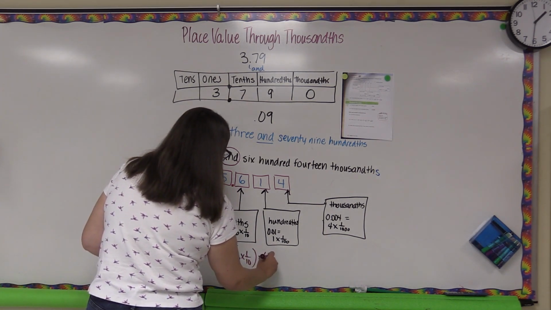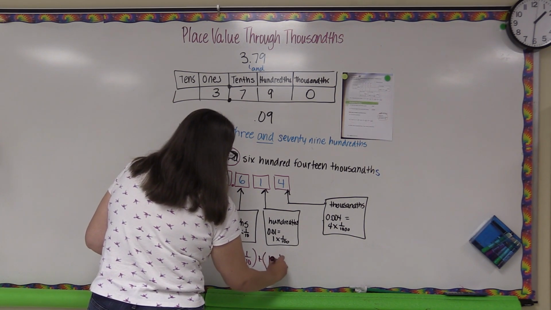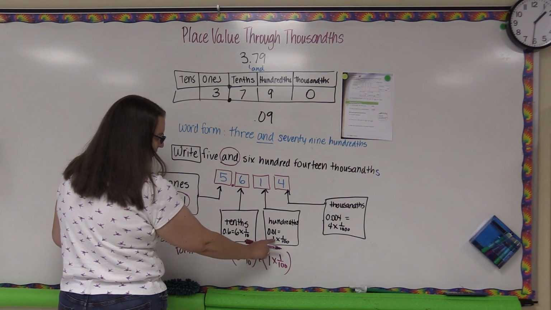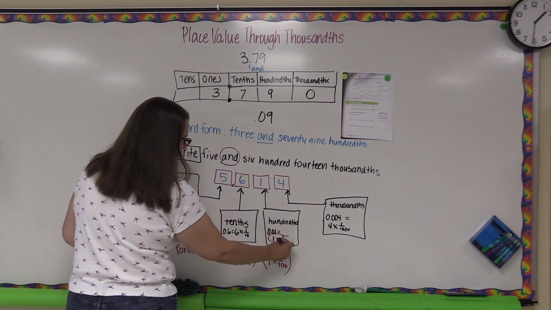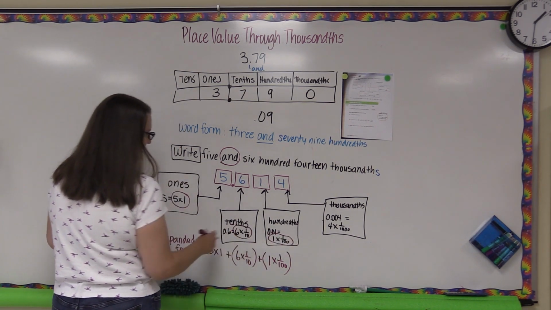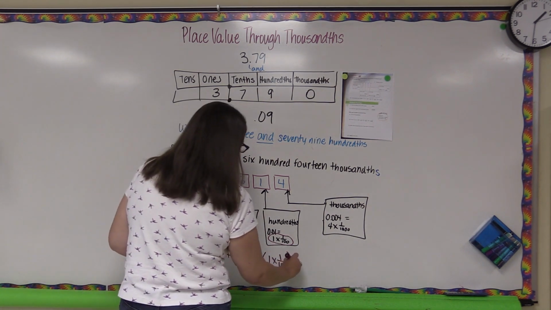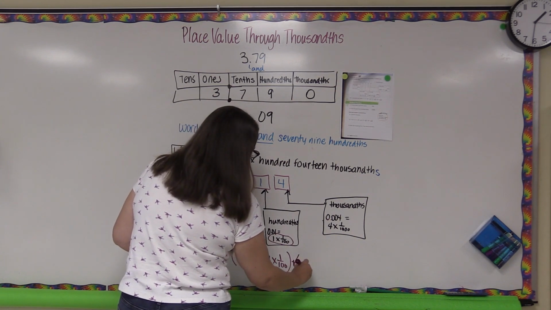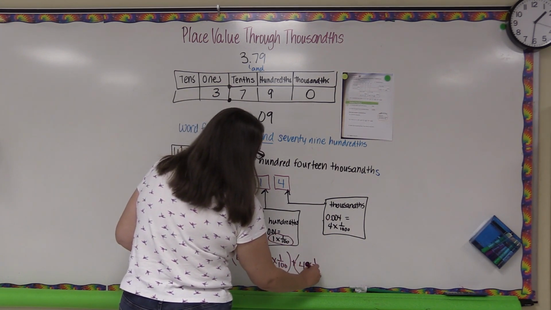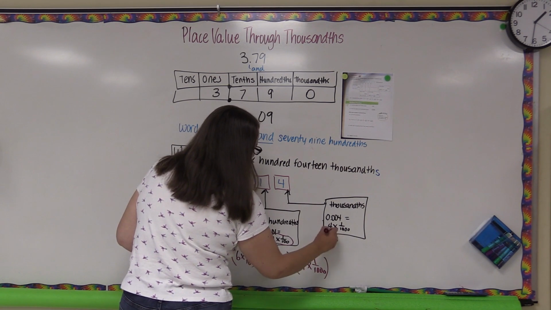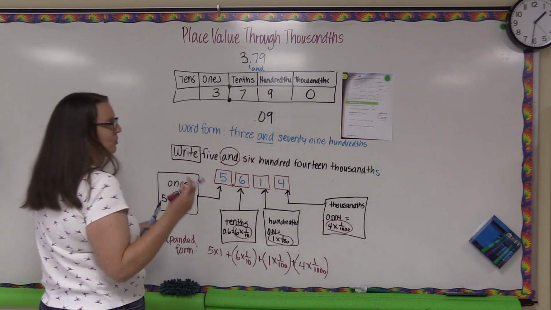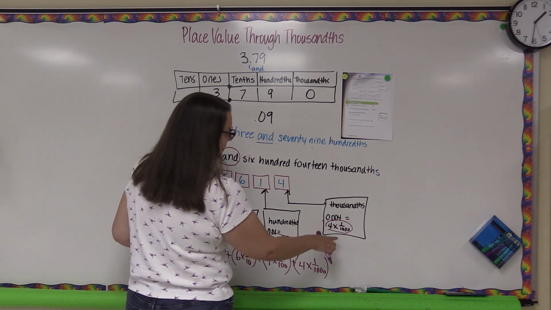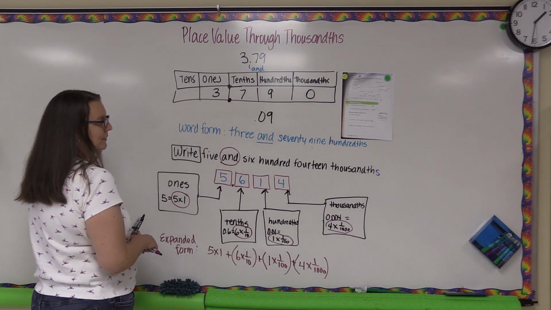Plus we have a 1 in the hundredths place. That's why I choose to do that fraction, because here it is right here, right? These are in here for you, but I want you to see it, because the more we write it, the more it gets in your brain. And then the last one is a 4 in the thousandths place. So it's 4 times 1,000th, just like it says here. So we're going to start seeing it as how to make up that number. So this is exactly what you've got here, okay?